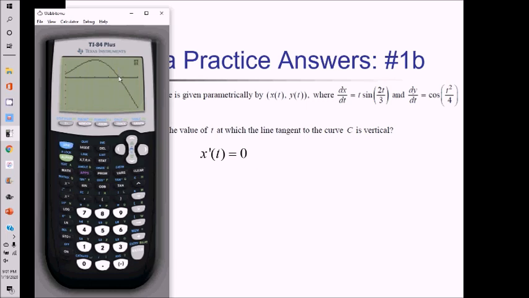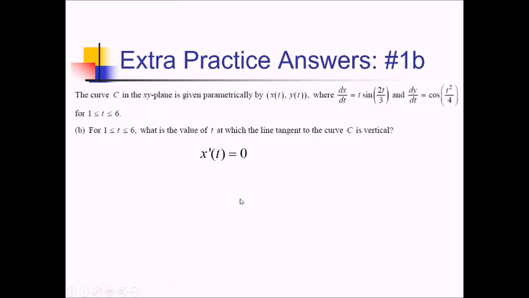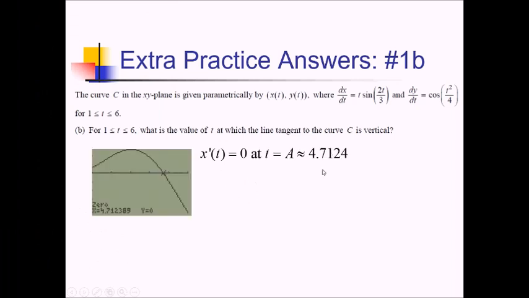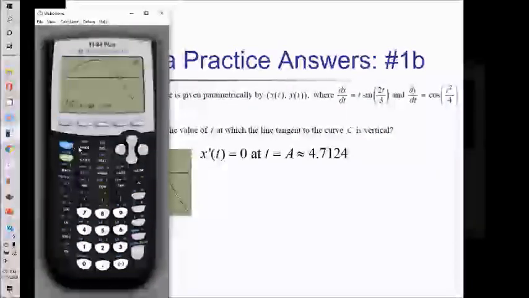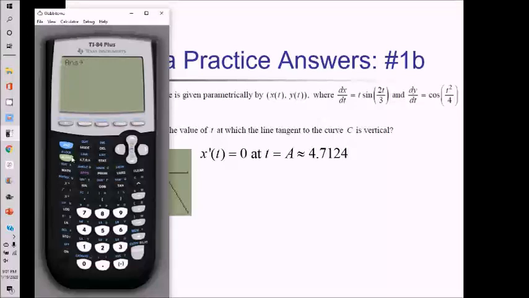Let me do second trace to find out what that spot is. So 0, option 0. Let's press enter a little bit to the left, a little bit to the right. Enter one more time. That comes out to about 4.7124. I'm going to store that as A, both on the paper and on my calculator. So let me immediately go back here, quit out, and store that as alpha A.